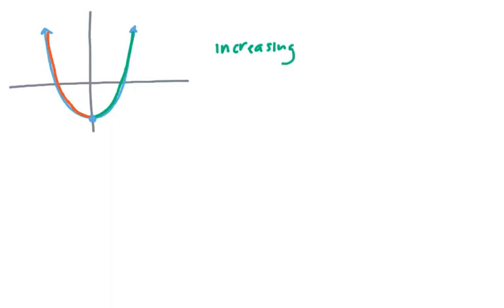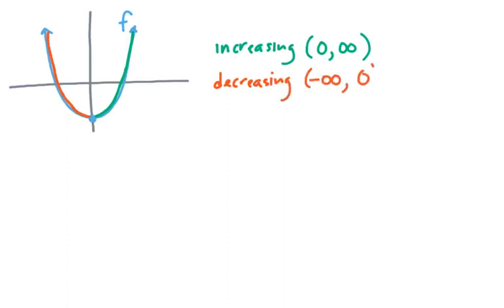Increasing is a positive slope, so green seems like a good positive color, and that would be from 0 to infinity. And then the function would be decreasing right before that. So I could say it's decreasing from negative infinity to 0.